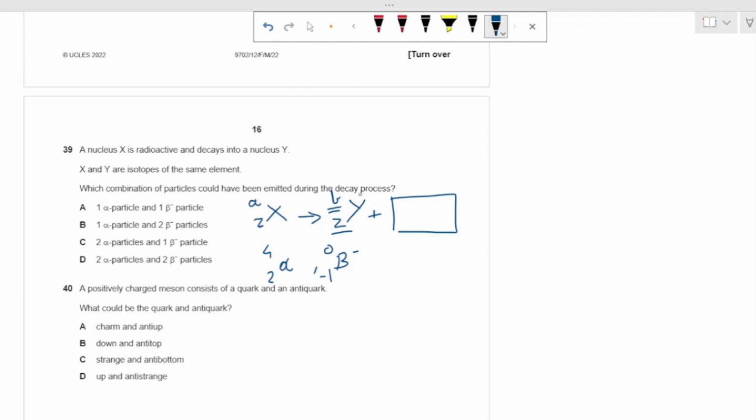So from this pattern, we can notice that if an alpha particle is emitted, the original nucleus basically loses 2 protons. Now, how do we get those 2 protons back? By having 2 beta particles released, because a negative beta particle is released when a neutron splits into a proton and a fast moving electron.